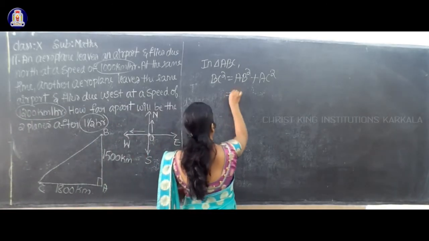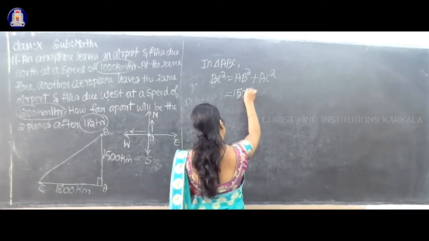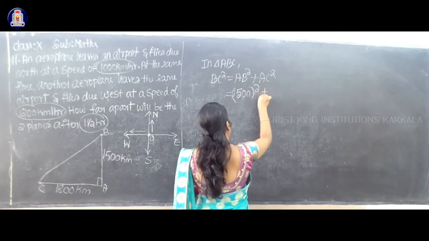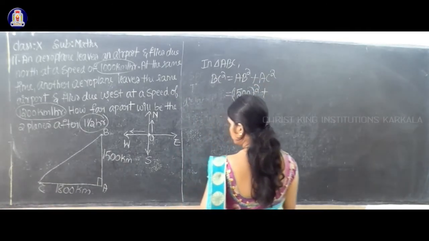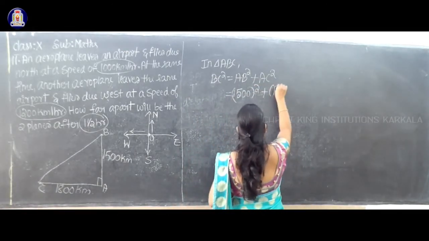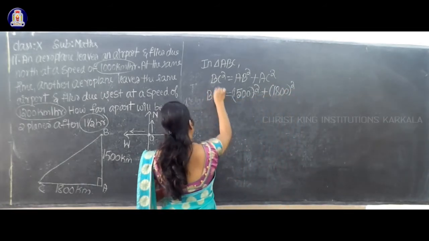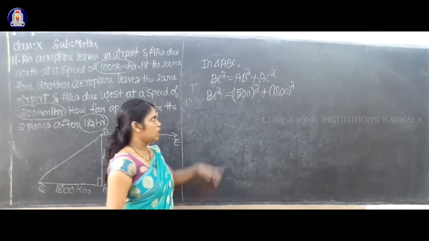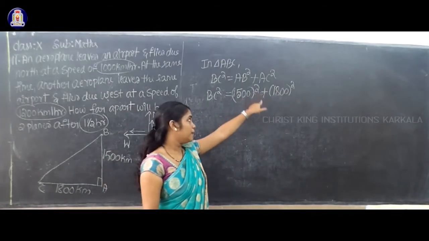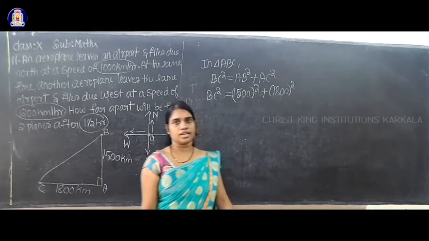AB is 1500 whole square plus AC is 1800 whole square. Okay. So therefore BC square equal to 1500 whole square plus 1800 whole square.